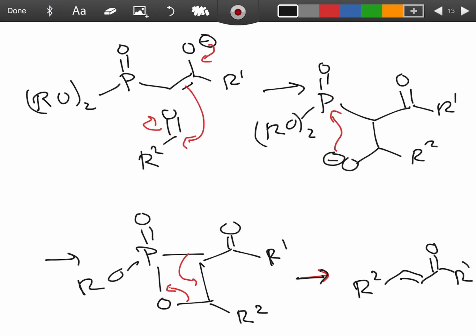The way that we do that in Horner-Wadsworth-Emmons reactions is for the kinetic pathway, you put that CF3 group on the phosphorus, and that favors, once you get here, I'll have to draw it in a second. Once you get here, if you have electron withdrawing groups, the phosphorus really wants to ditch an electron withdrawing group and get electrons from another oxygen.